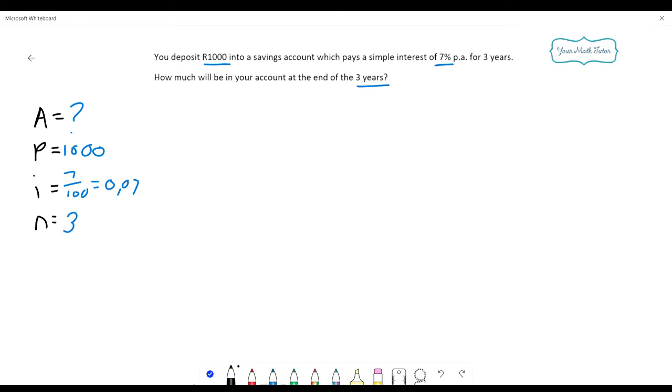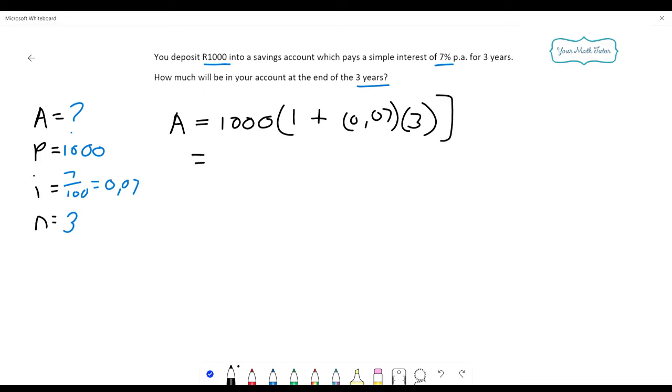And then we start doing the calculation. So we're going to have A is equal to 1,000 multiplied by (1 + 0.07 times 3). That will be equal to 1,000 times (1 + 0.21).